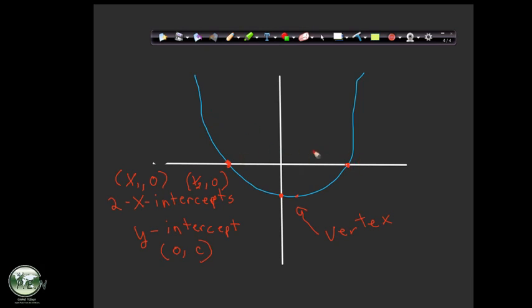Another thing you might notice, again, that my drawing's not all that great, but the vertex also forms a sort of symmetry. Let's go ahead and go with red. If I go right through the vertex, I get this line of symmetry.